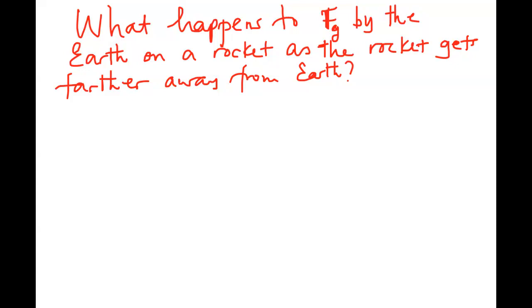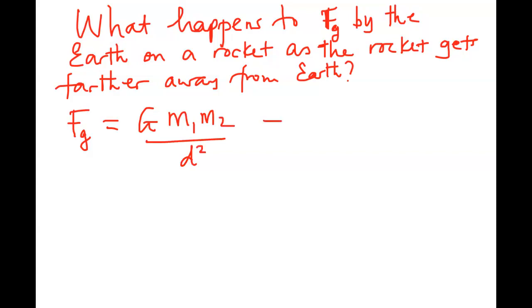Of course, you realize that we talked about how gravitational force is equal to G times mass 1 times mass 2 divided by distance squared. This implies that if the masses are the same, then gravitational force is inversely proportional to distance squared.